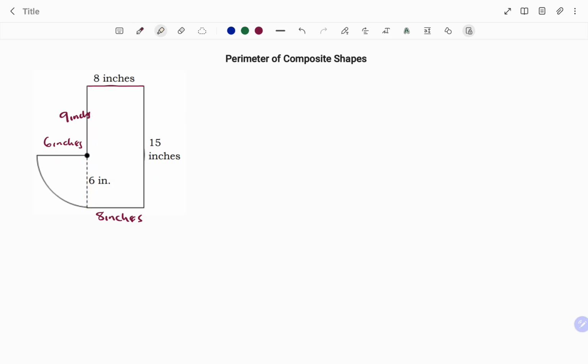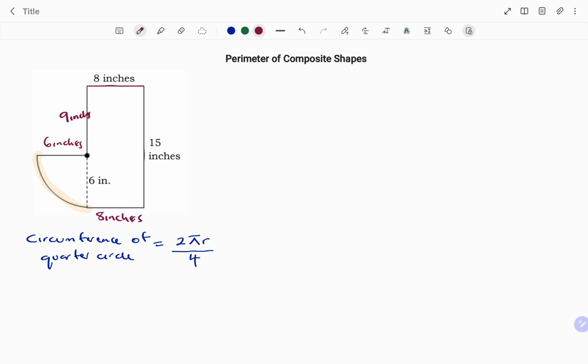We are left with the length of the quarter of the circle as shown. Using the circumference of the circle, which is 2 pi r, we're going to divide that by 4. So the circumference of the quarter of a circle equals 2 pi r divided by 4.